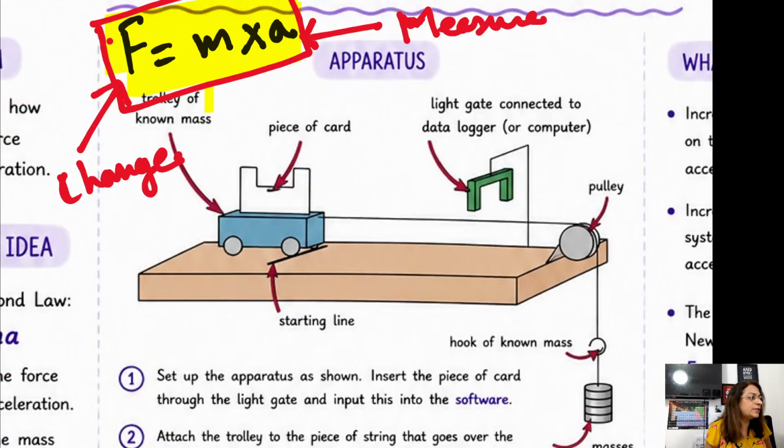What is my independent and dependent variable if this is the case? Type in the chat, I'm waiting. Come on. I want to change the force and I want to measure the acceleration of the trolley.